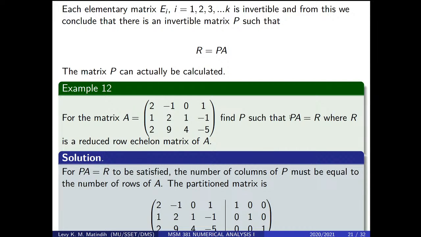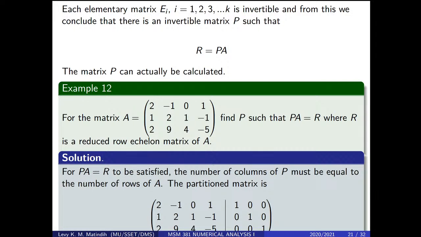The product PA is only possible if the number of columns in matrix P is equal to the number of rows in matrix A. The number of rows in matrix A is 3.